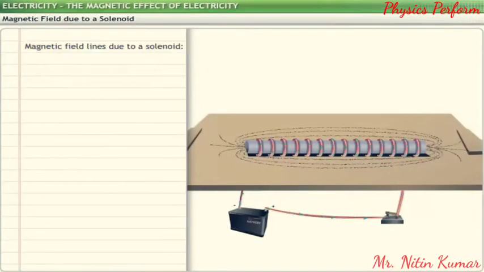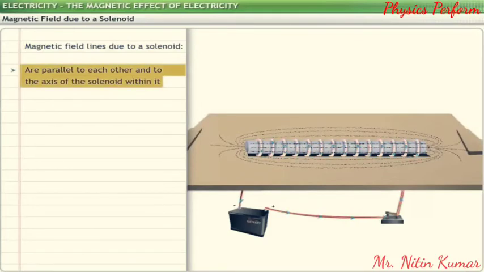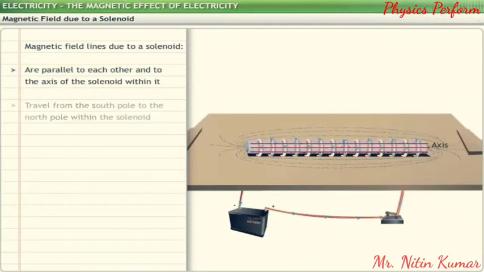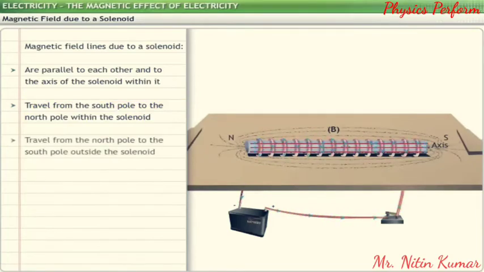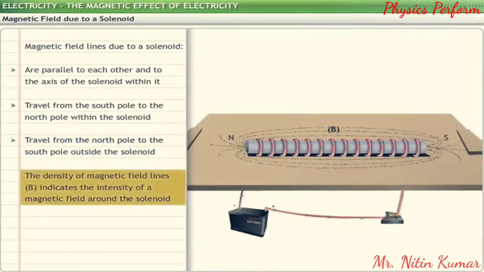Magnetic field lines due to a solenoid are parallel to each other and to the axis of the solenoid within it. They travel from the south pole to the north pole within the magnet, and travel from the north pole to the south pole outside the magnet.